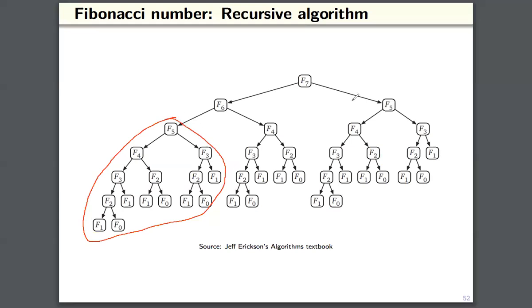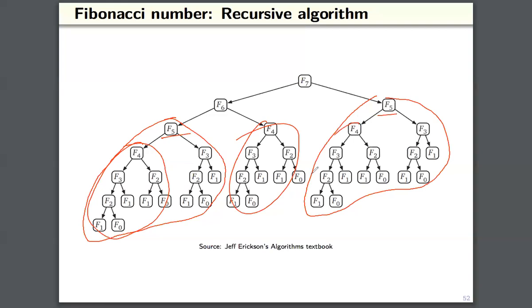Subproblems that are computed again and again and again. See, F5, F5. And we saw that F4, F4, F4. Repeated computations, unnecessary computations, right? Duplicate computations. Why can't we evaluate these once and store it in memory?